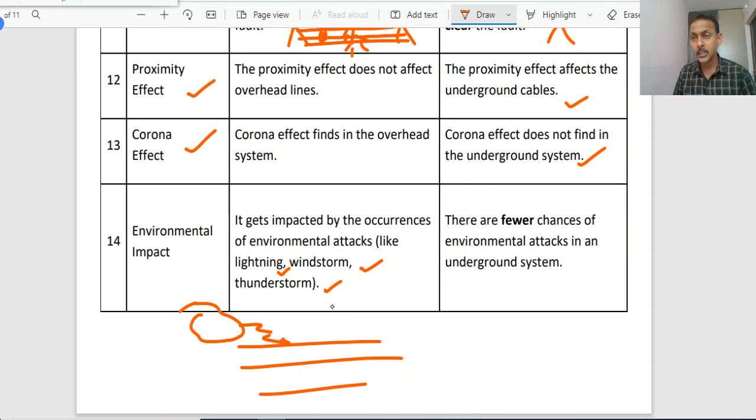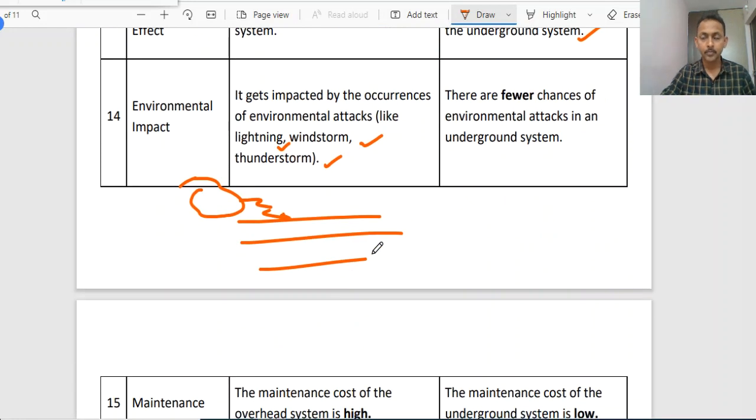But if it is cable, such lightning strokes cannot affect the cable. So environmental impact will be more on the overhead system compared to the underground system. This is one point to be observed. Environmental effect in the sense, if there are heavy winds, these two lines may touch each other. That leads to a big problem. It leads to a short circuit, right? Like that.